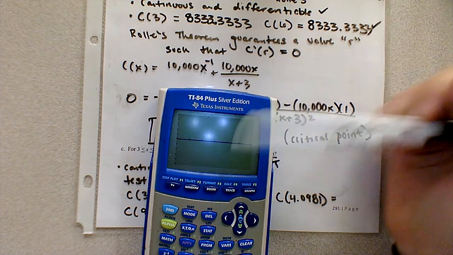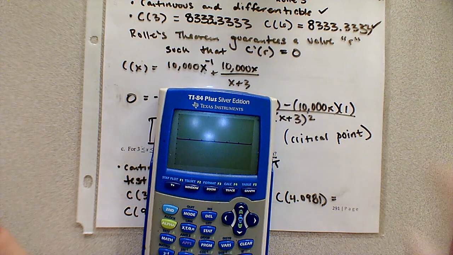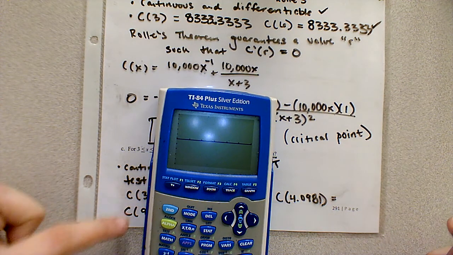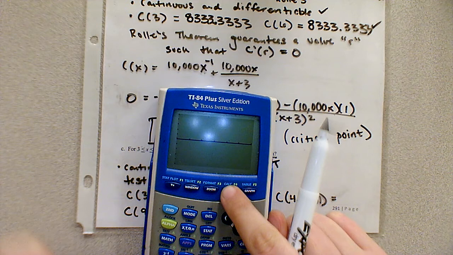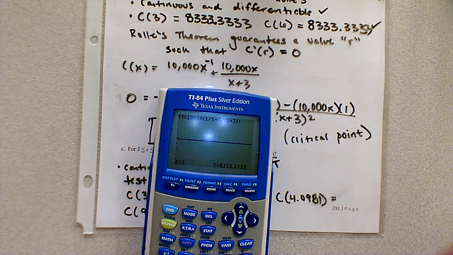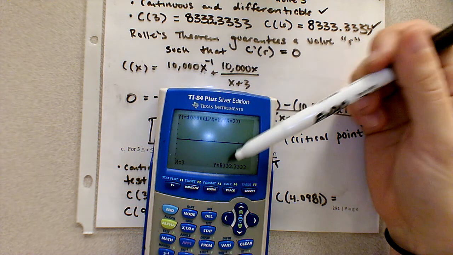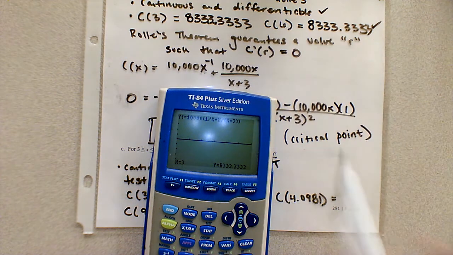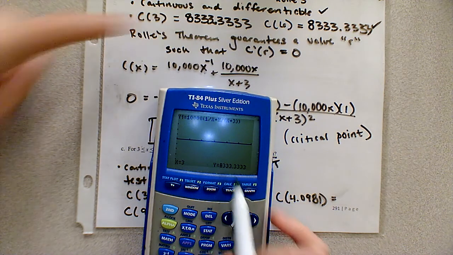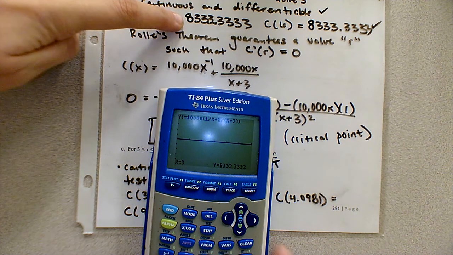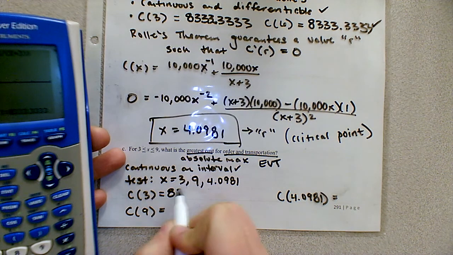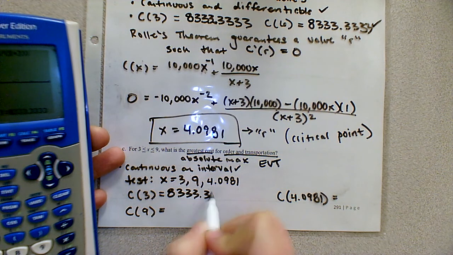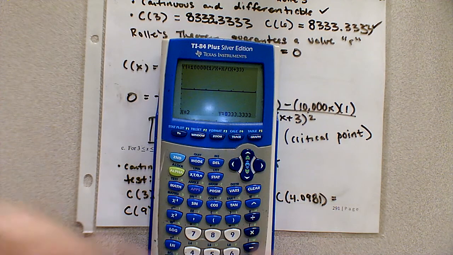So it did graph it on this interval. It's okay if I can't see it, because I'm just going to type in some values. So if I hit the trace button and then 3, it'll go to that point on the graph, but I just can't see it. So notice how we have that 8,333 number that we had before. All right, we'll type in 9.